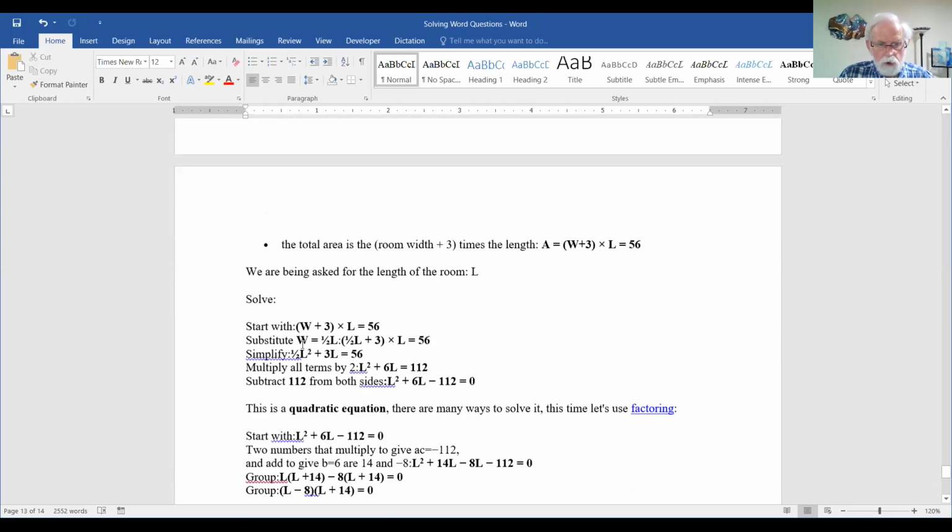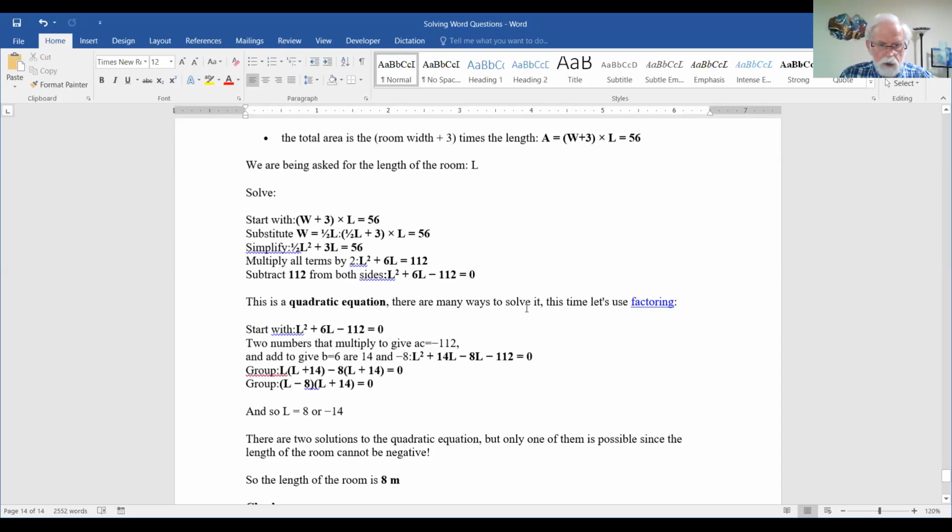If we substitute W as 1/2 L, we have 1/2 L plus 3 times L is 56. And we have 1/2 L squared plus 3L equals 56. If we multiply everything by 2 to clear the 1/2 out, we get L squared plus 6L equals 112.